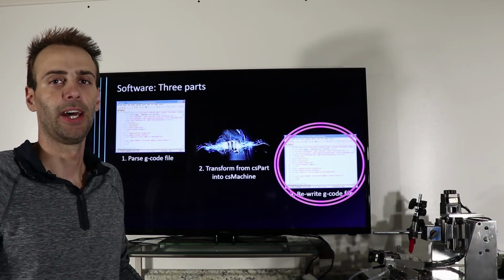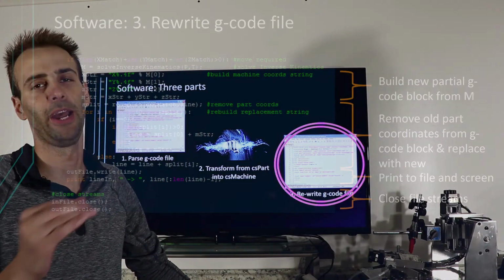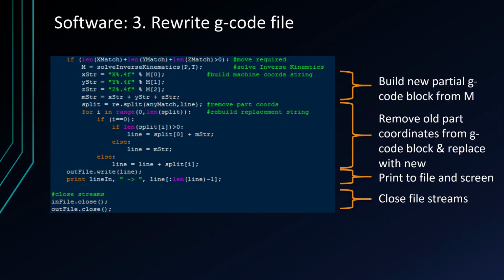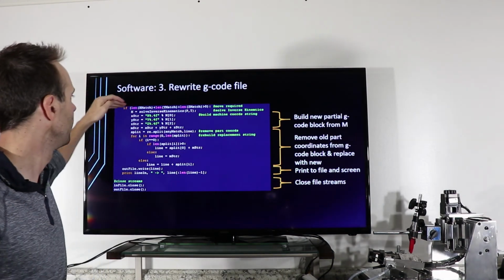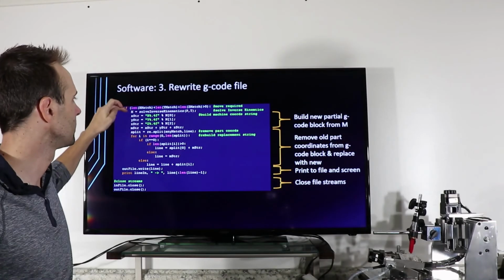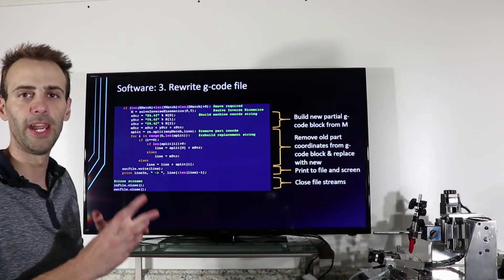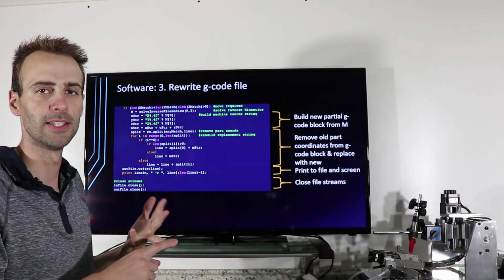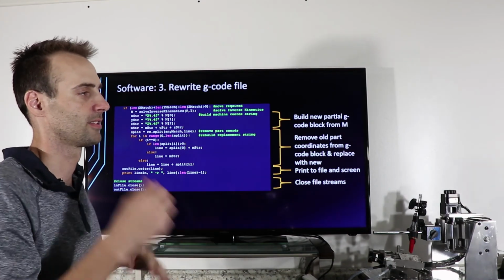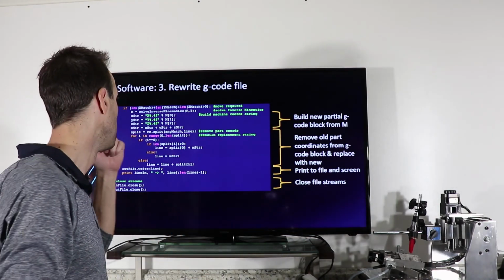Finally, let's look at how to get that transform coordinate back into the G code. Okay. So you remember we had this if move required statement, do all of this. Okay, so I'll solve for the inverse kinematics, which we just did, and then it returns an array that has the commanded x, y, and z parameters, like move x3, move y2.